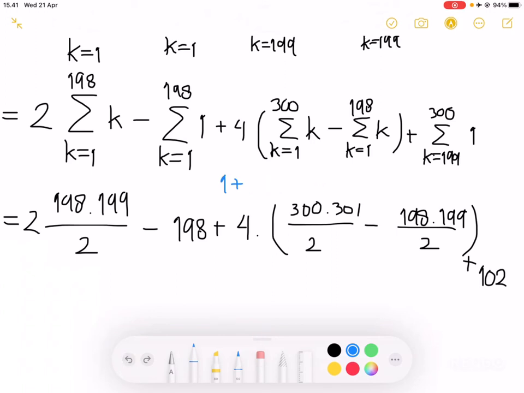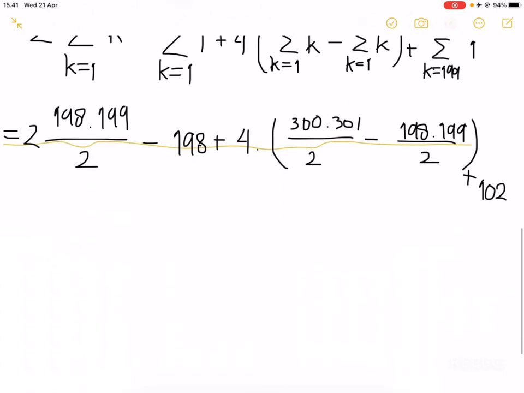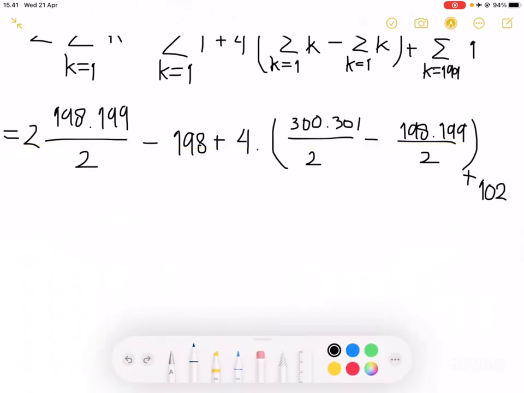So the way to evaluate that is to count how many ones there are, which will be 198 and 102 respectively. And once you've calculated this, you end up with a result of 141,142. And that's our answer.